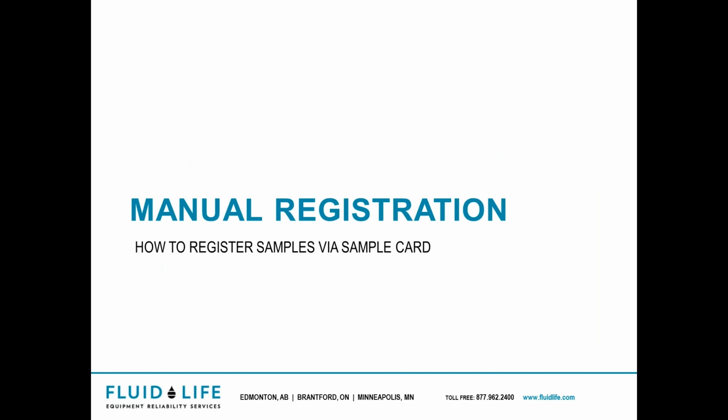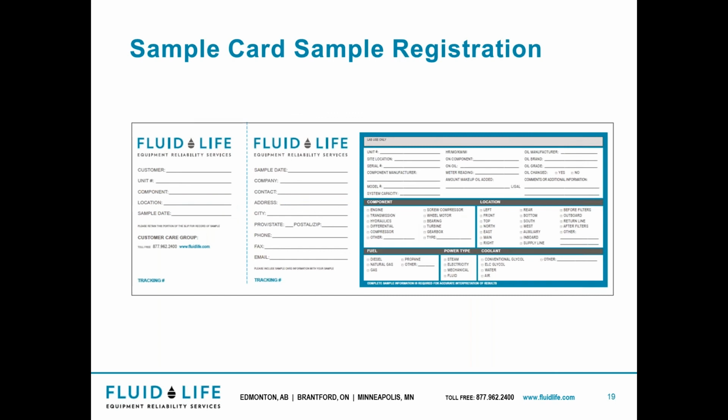So manual registration. This is probably the longer method, and one of our older methods of doing it. This is basically what a sample card looks like. These we can provide at a nominal cost to you guys, or you can print them off easily from our website, and I'll show you where you do that.